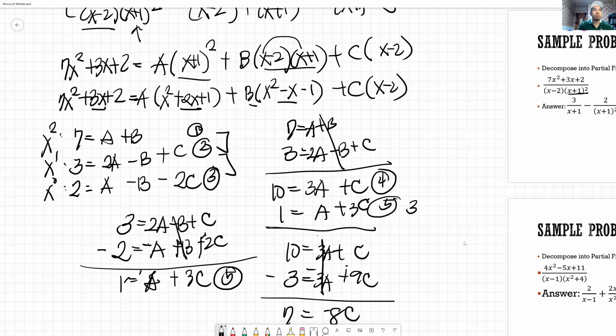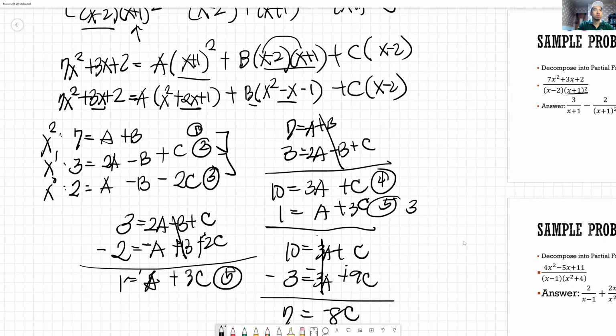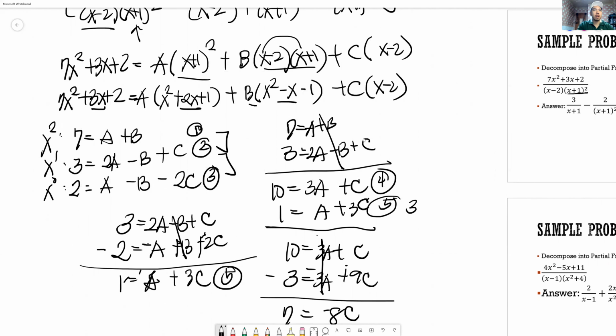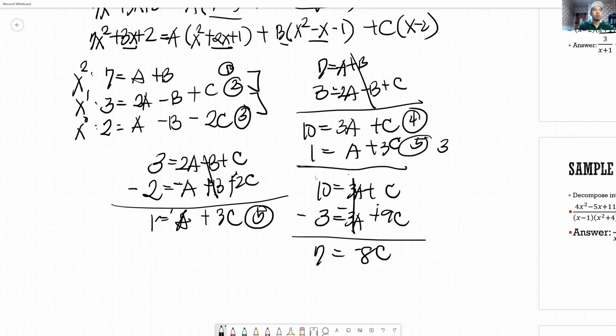Combining 1 and 2, b is cancelled out, so 3a plus c, 10, so that is equation 4. For 5, combining these two, 3 equals twice a minus b plus c. So negative 2 minus a plus b plus 2c.